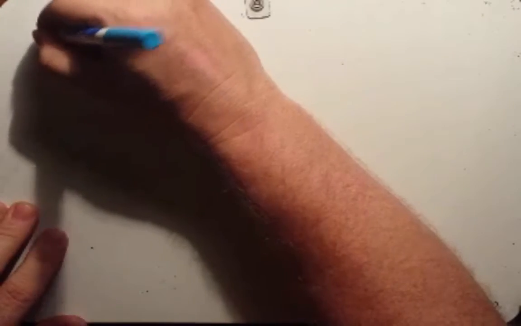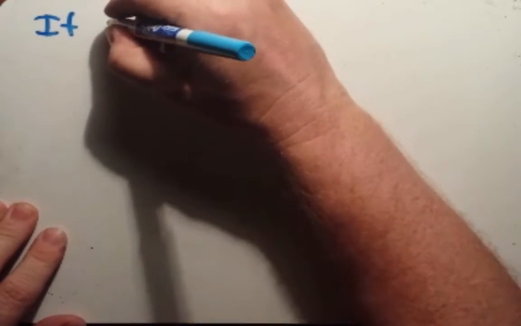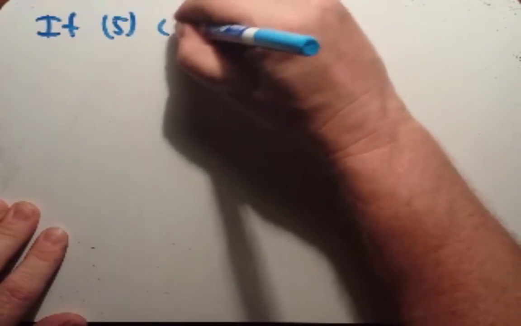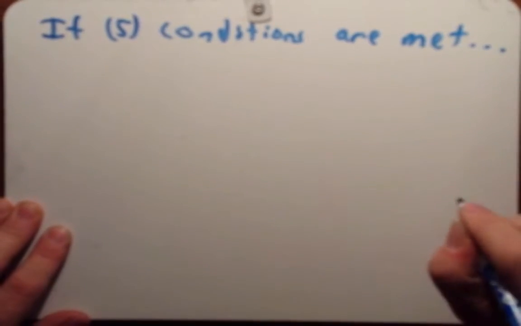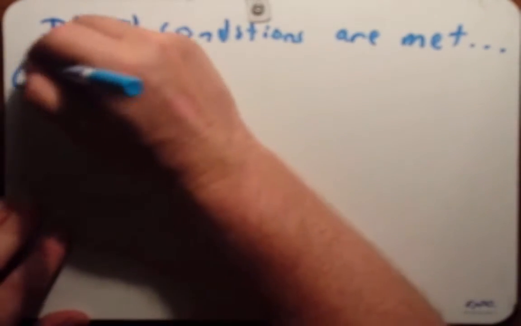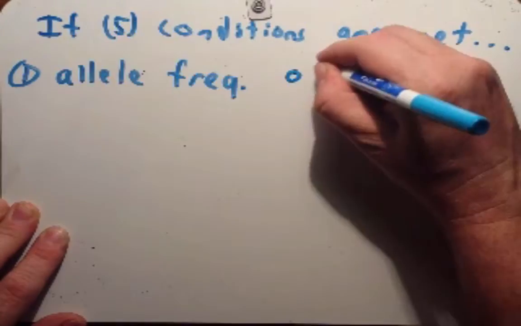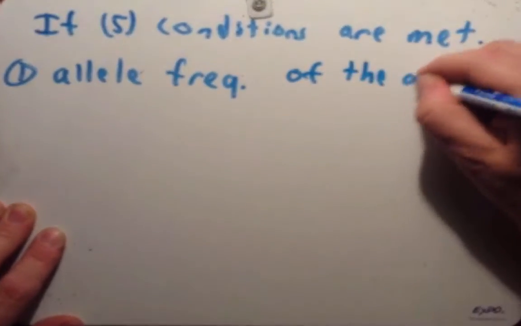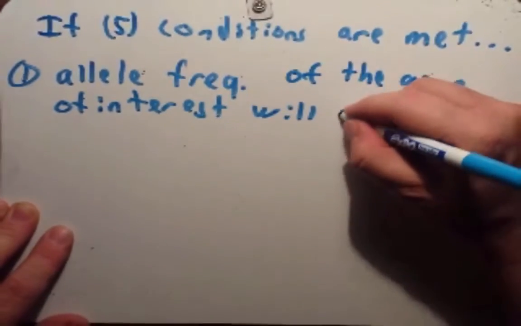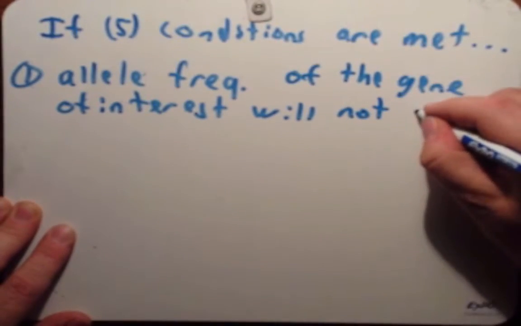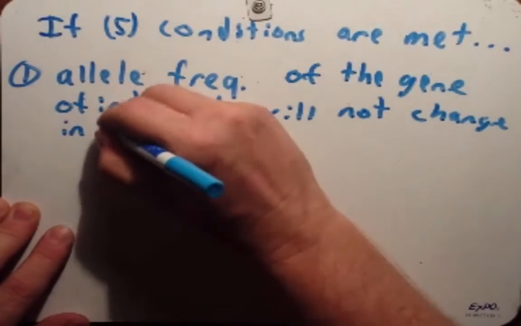Okay, I've mentioned it a few times, but let's go ahead and put it in writing to make it official. If those 5 conditions are met, then we know that the allele frequency of the gene of interest will not change in the next generation.